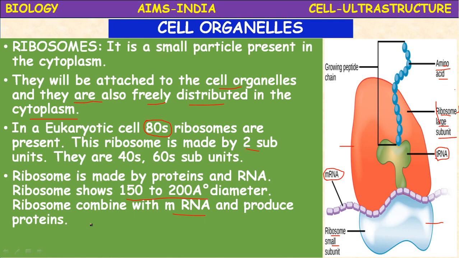tRNA is the transfer RNA. It is an adapter molecule composed of RNA. Typically it contains 76 to 90 nucleotides in length. You will study this in higher classes. It serves as the physical link between mRNA and amino acids.